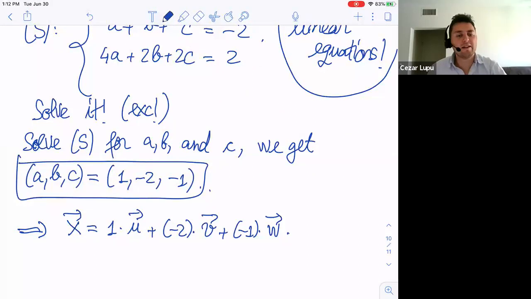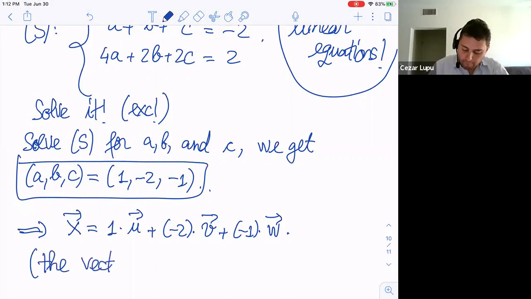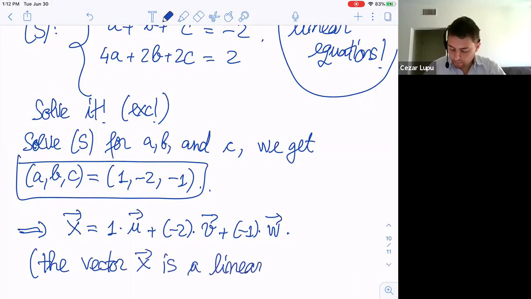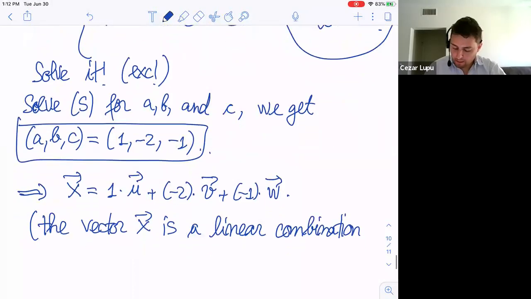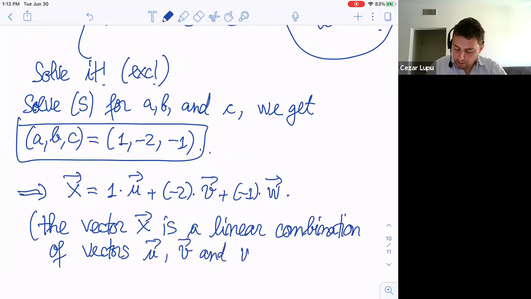So this is the linear combination of X. The vector X is a linear combination of vectors U, V, and W. So that's what it means for a vector to be a linear combination of other vectors.